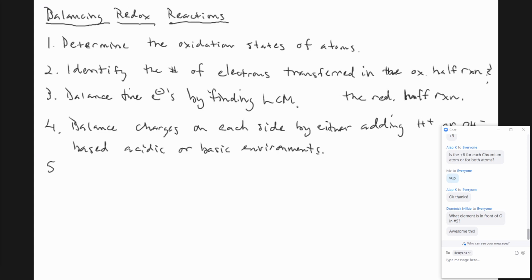And fifth one, last but not least, we balance atoms by adding water to the appropriate side of the reaction.